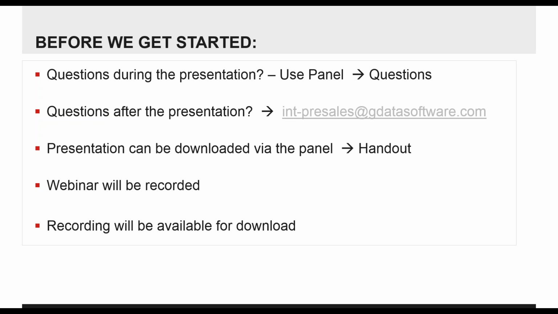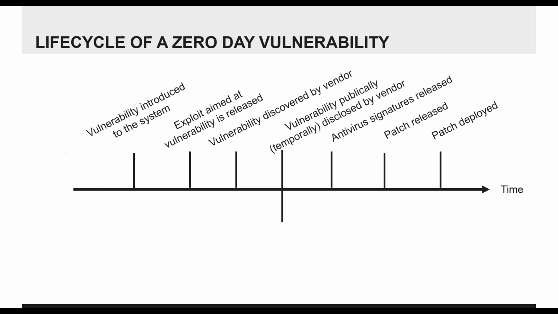All right, before we get to the G Data Patch Management itself, we're going to take a short excursus on why it is important to patch your system. As you can see, this is a typical life cycle of a zero-day vulnerability.